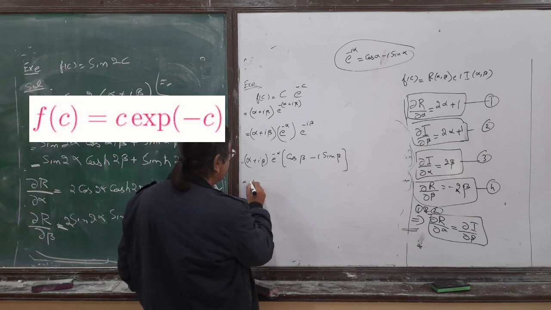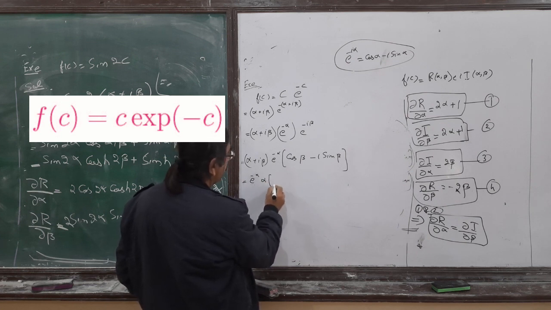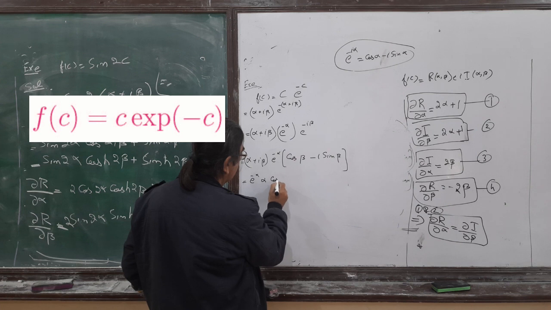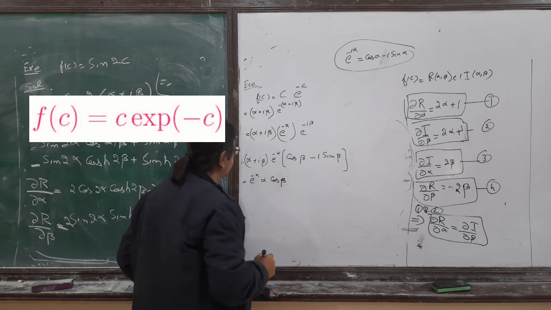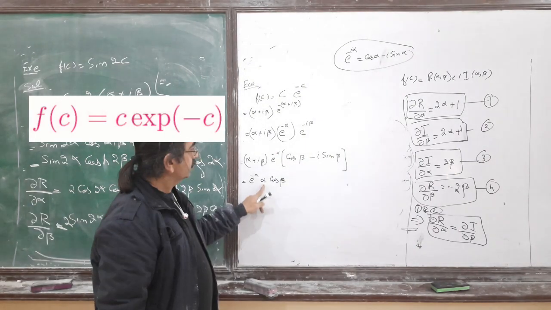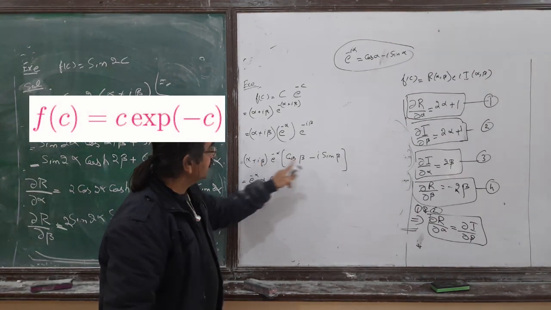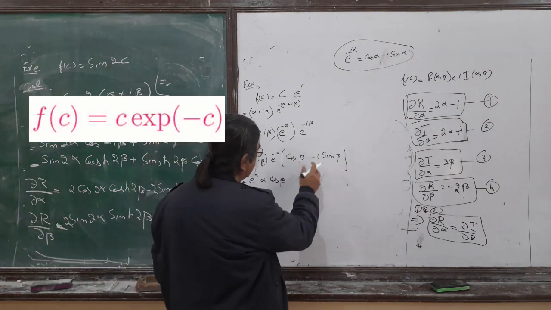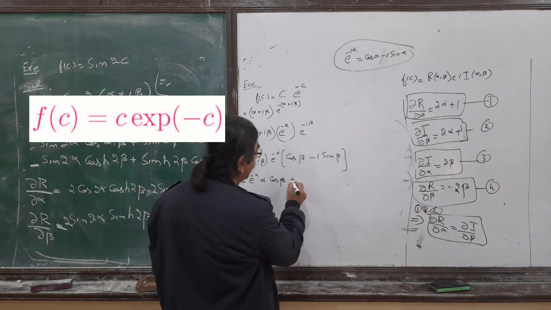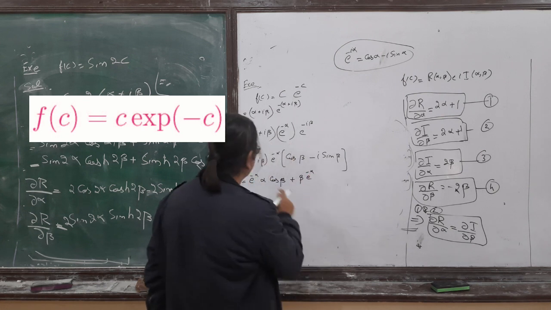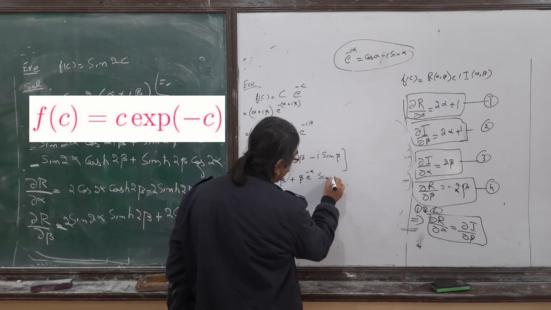And this may be written as e to the minus alpha cos beta minus i e to the minus alpha sin beta. When we multiply, i squared is equal to minus 1, so this will be a plus term, beta e to the minus alpha sin beta.